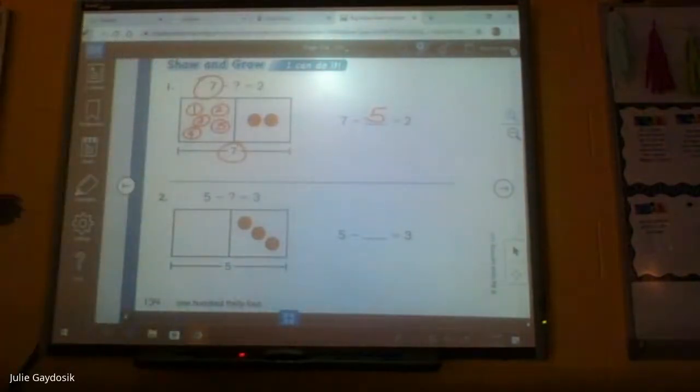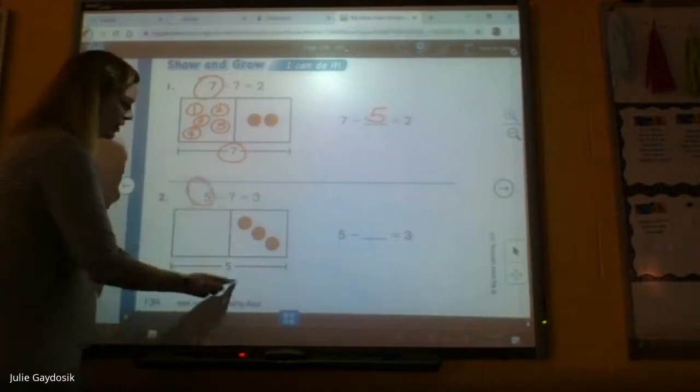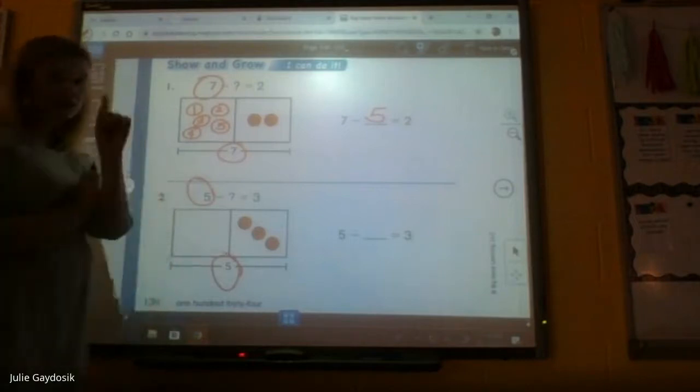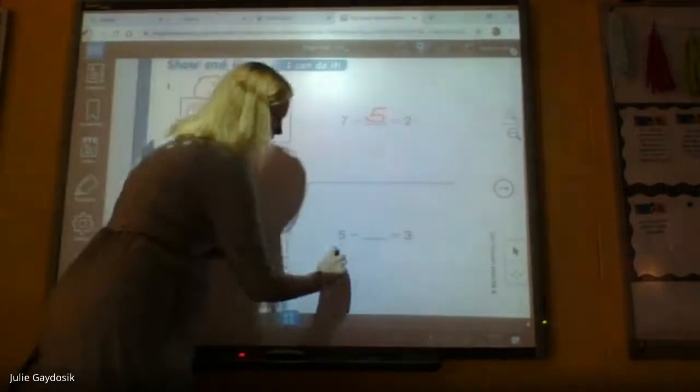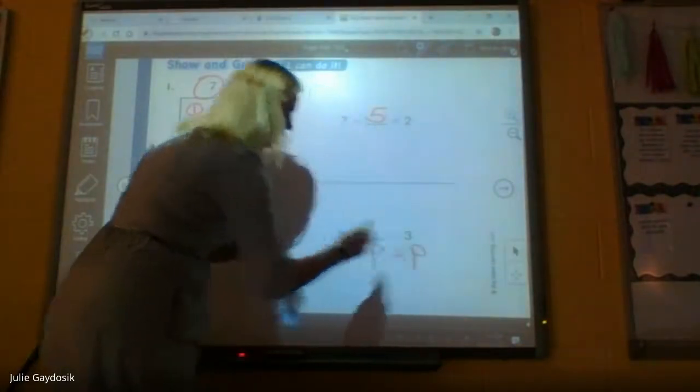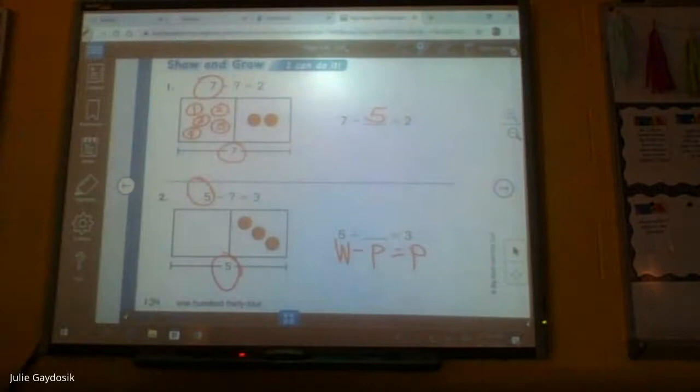Okay. Let's go ahead and let's solve question number 2. Same thing. 5 is your total, your whole. It's the largest number. The first number in a subtraction equation is your whole minus your part equals your part. Okay? In addition, it's part plus part equals whole.